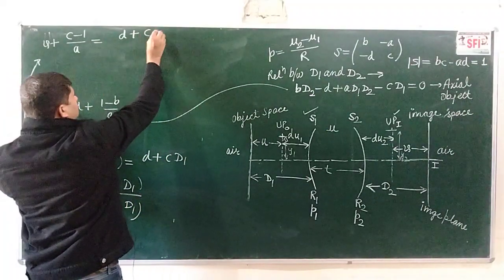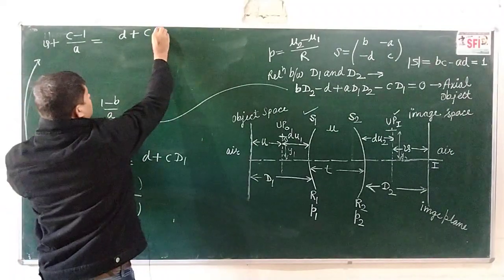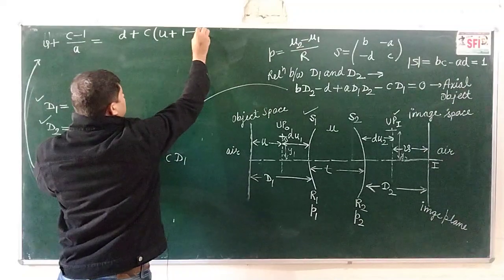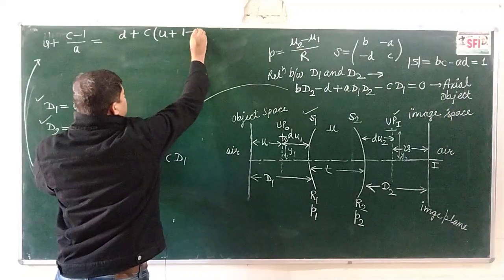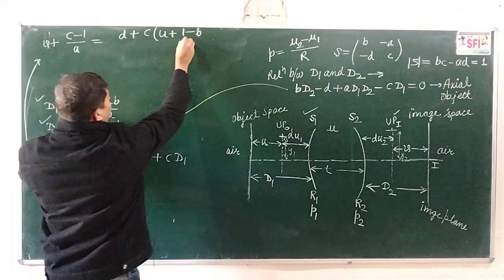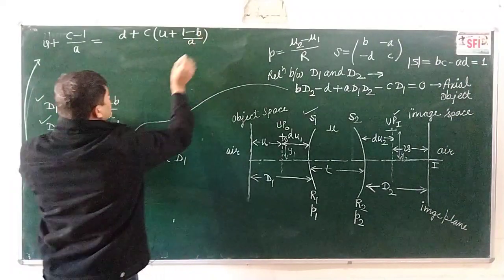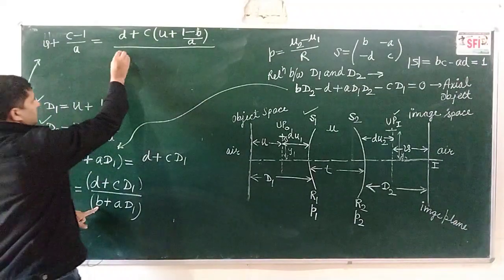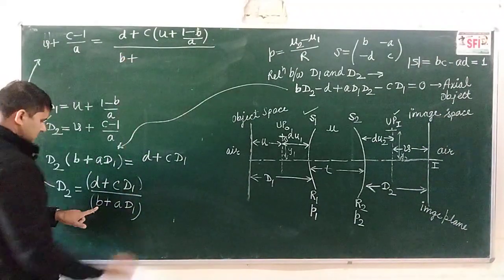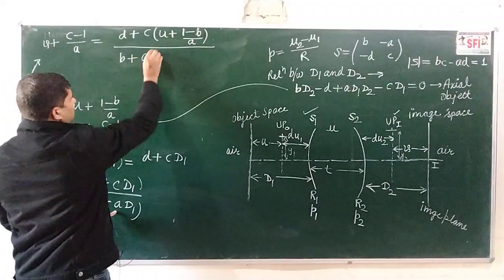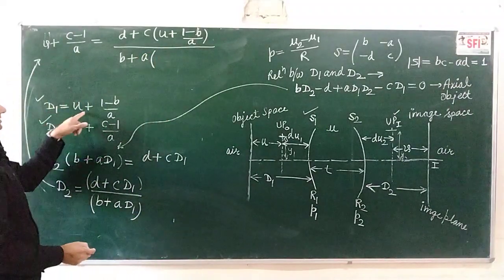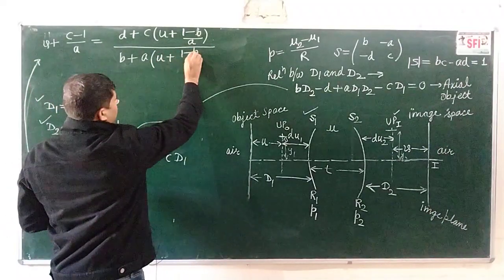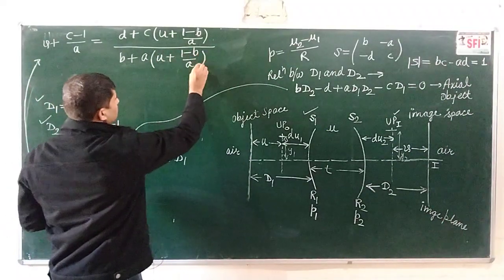So this is C, and D1 is U plus 1 minus B divided by A. Then we put the value of the denominator, and that is B plus A into the value of D1. This is D1, U plus 1 minus B divided by A.